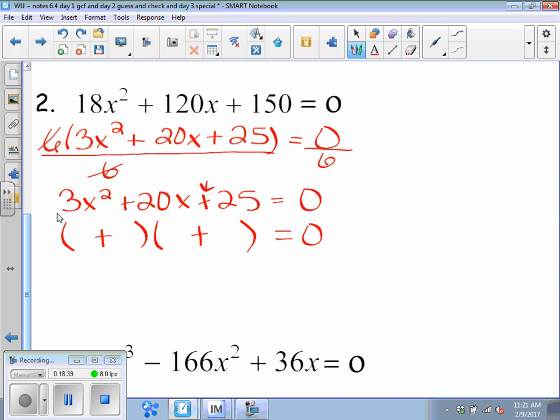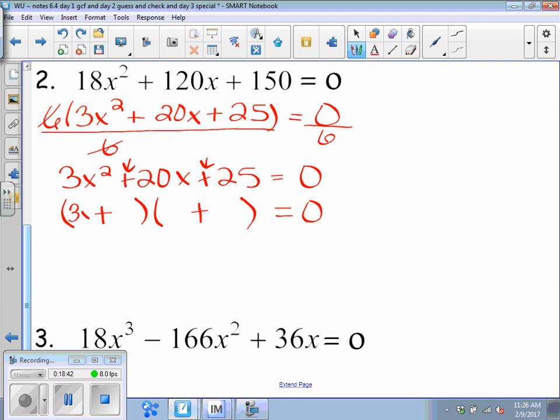They're the same and both positive. Okay, so 3x and x, and then this should have been 5 and 5. So when you check it, you get positive 5x on the inside, positive 15x on the outside, that equals positive 20x. So we have 3x plus 5 equals 0, and then x plus 5 equals 0.